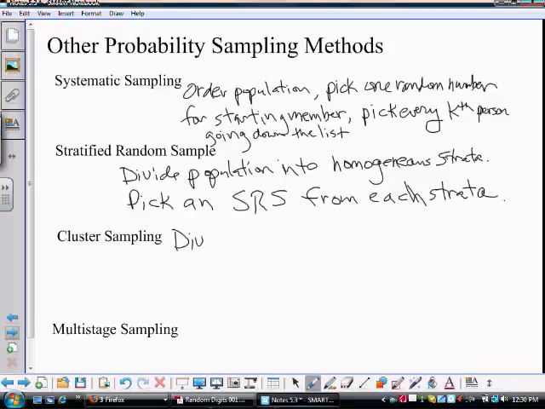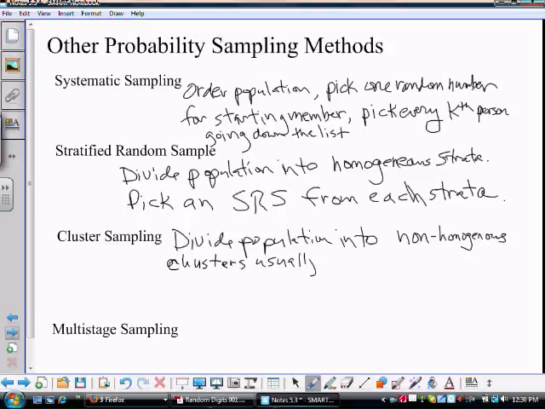So into non-homogeneous clusters, usually by location.